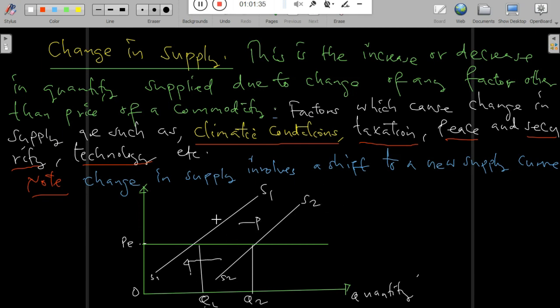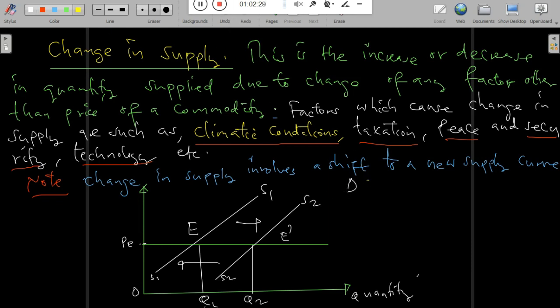We draw the price level as constant, and whenever there is any factor that may affect supply, such as climatic conditions or taxation, the supply curve shifts from S1 to S2.